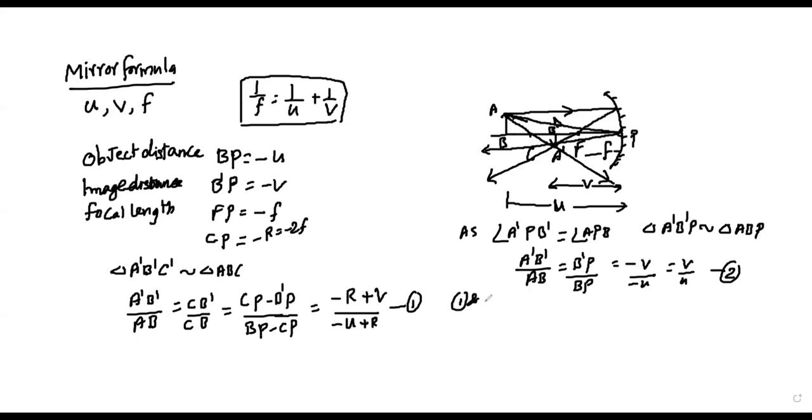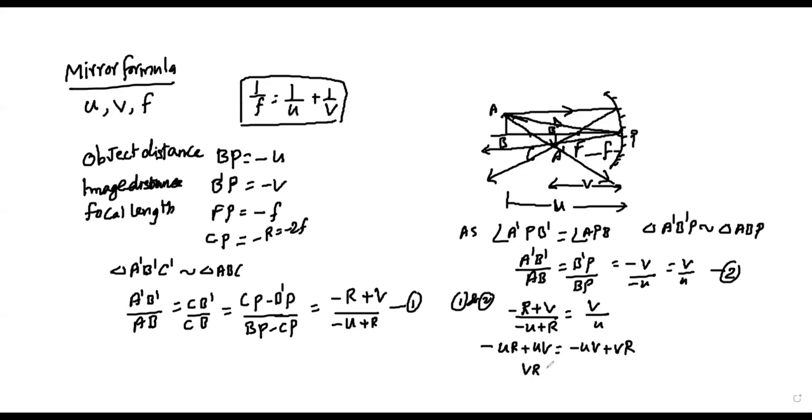From equations 1 and 2, we can write minus R plus V by minus U plus R is equal to V by U. Now multiply: minus UR plus UV is equal to minus UV plus VR.